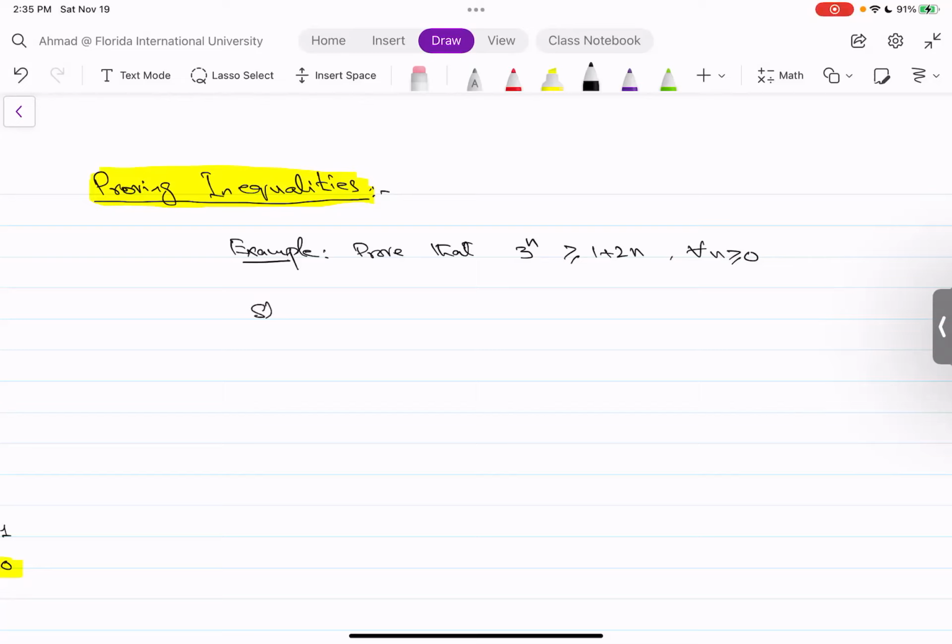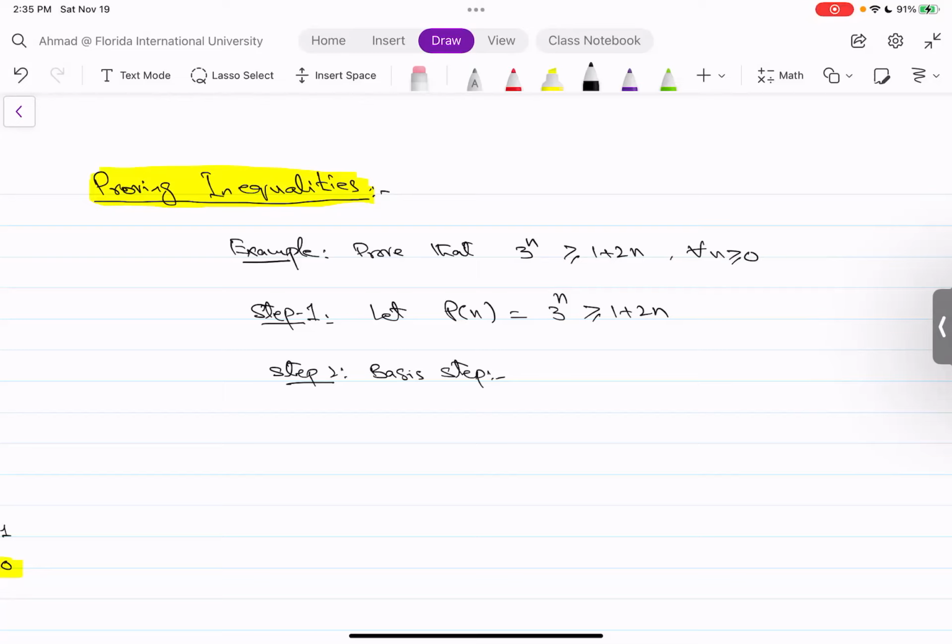In step number 1, again the same, let P(n) be 3 to the power n greater than or equal to 1 plus 2n. Then in step number 2, I will use the basis step, where I'm going to prove this for the smallest value of n.